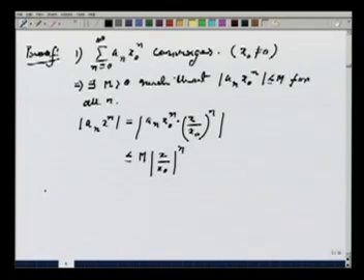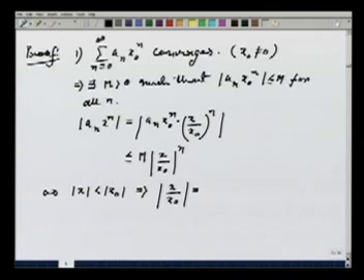Now notice, as modulus x is less than modulus of x naught, this implies modulus of x by x naught, if you allow me, I will call it r, well, let me call it q instead of r, is strictly less than 1. And that means what I got is that mod a n times x to the power n is less than or equal to m into q to the power n.